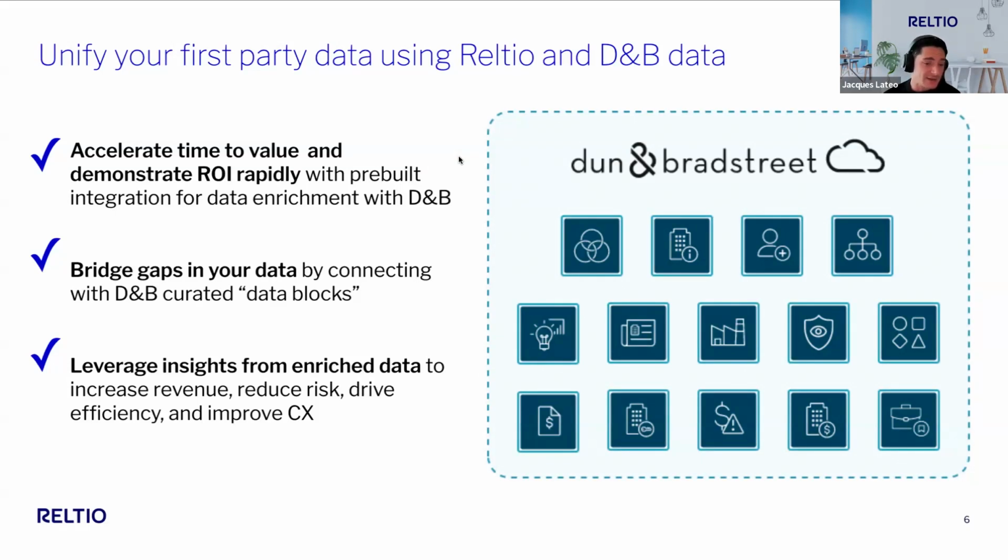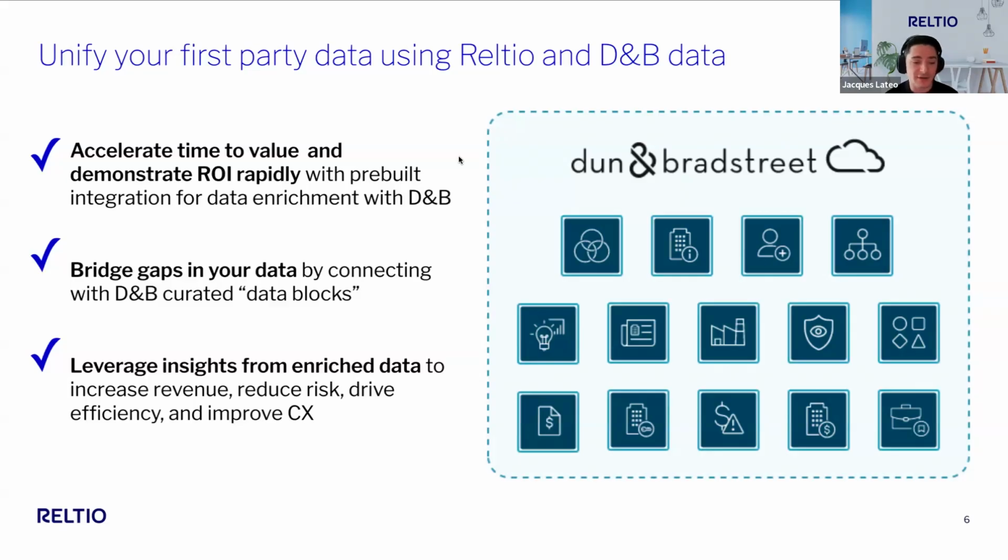So your sales and marketing teams, for example, could benefit from having complete customer and prospect profiles augmented with the D&B data that Dun & Bradstreet provides. Marketing can perform more robust segmentation and targeting of industries. They have accurate revenue and employee data.